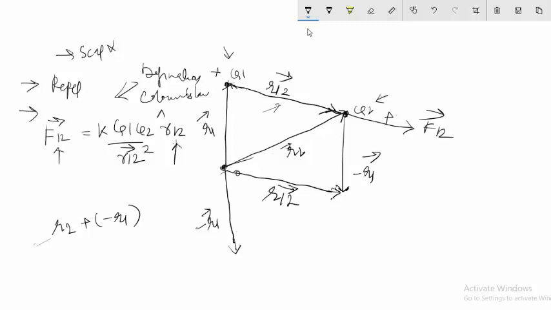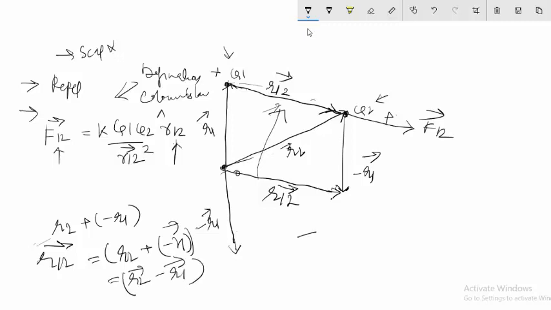So the R12 vector is equal to R2 plus minus R1, or simply the R2 vector minus the R1 vector.